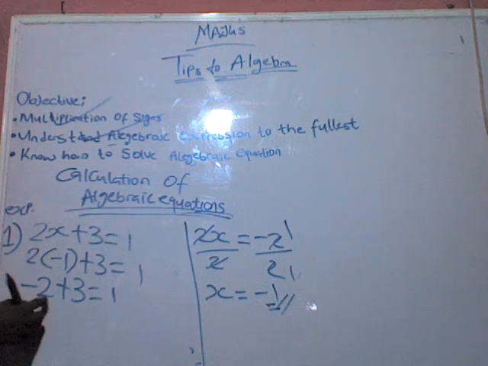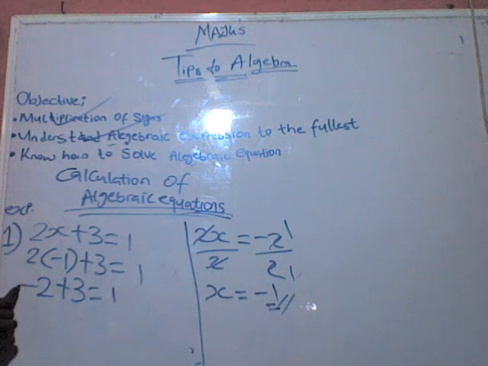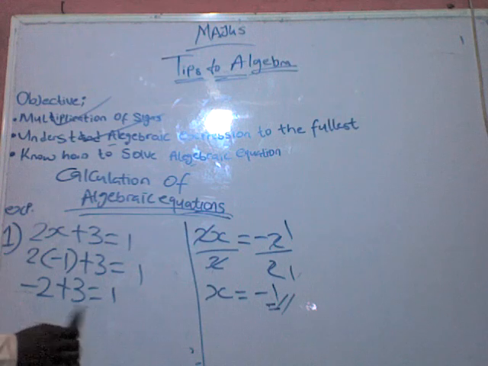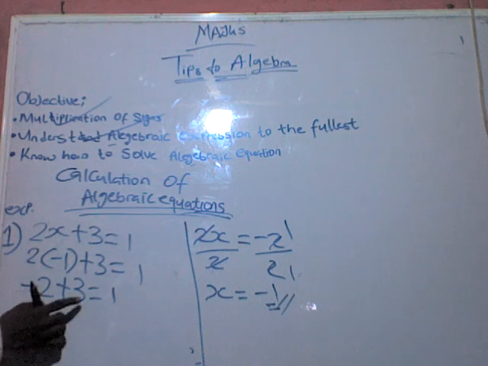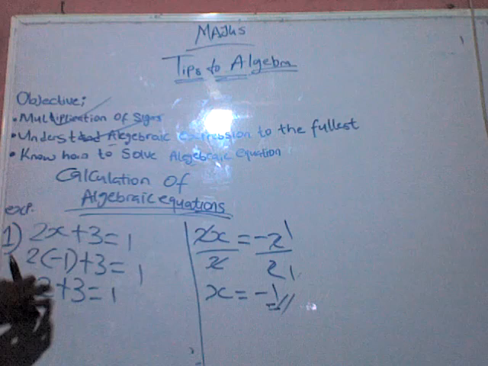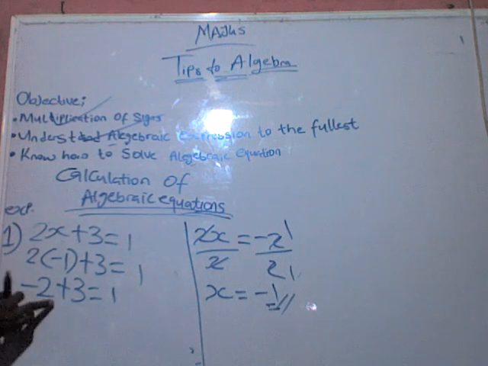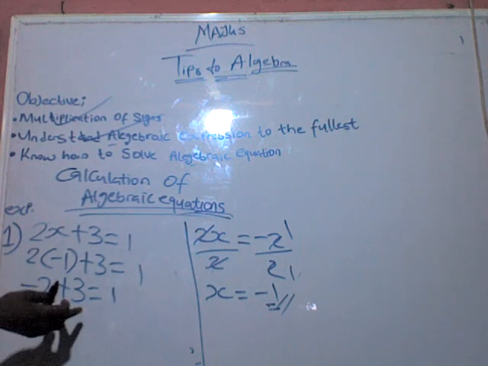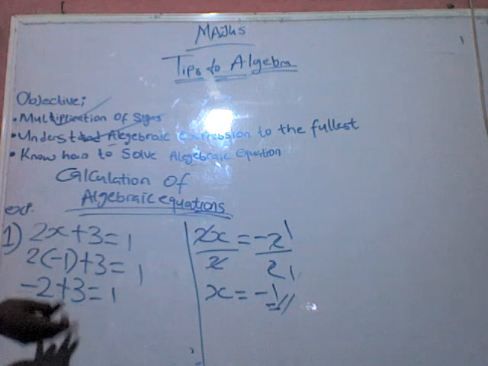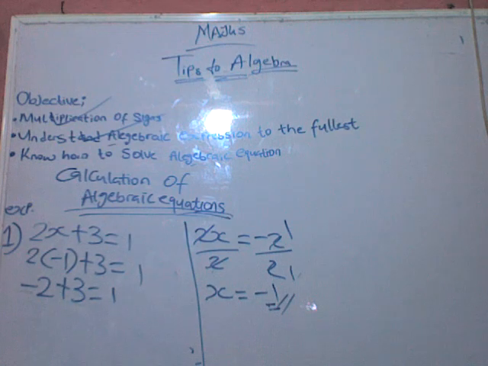For example, I owe someone 2 naira and I have 3 naira. So this minus, always know that this 2 is the owner of this minus here, and this 3 is the owner of this plus. So plus is I have, so I have 3 naira and I'm owing someone 2 naira. So if I pay the amount of money that I'm owing from my 3 naira, how much do I have left?